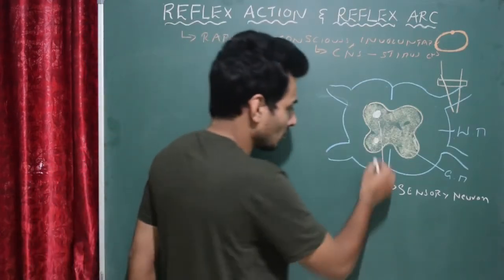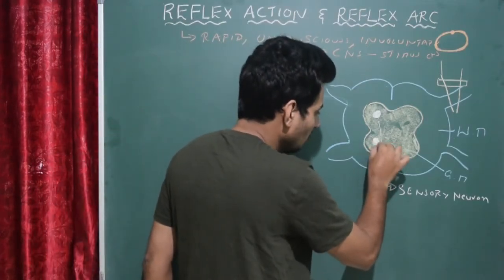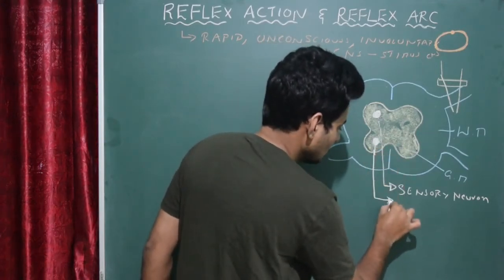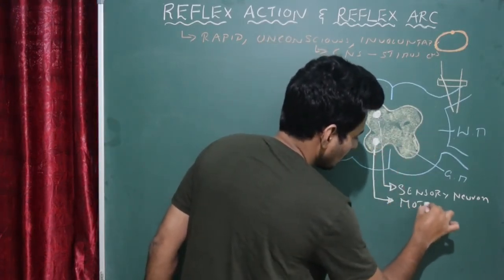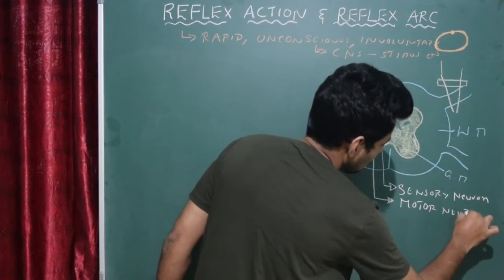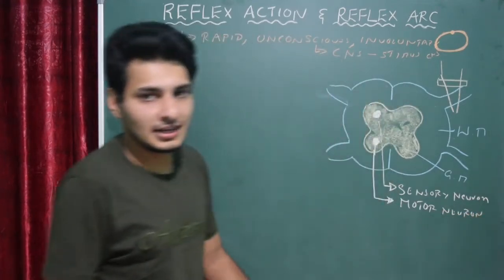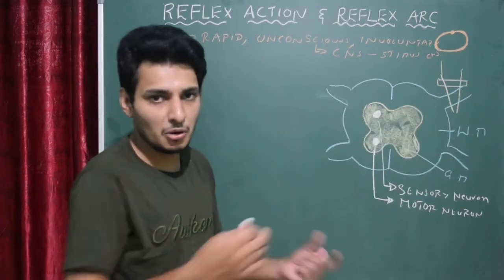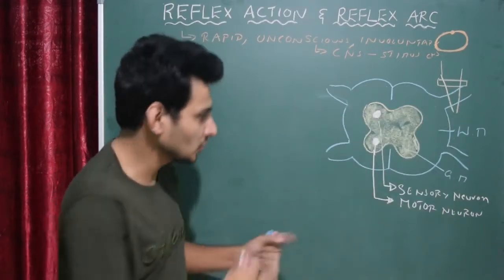Just below the sensory neuron within the grey matter, we have one more neuron, the motor neuron, which produces a regulatory impulse for a particular stimulus, that is, movement of the body part.